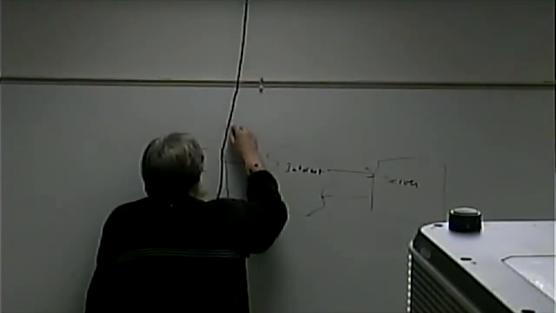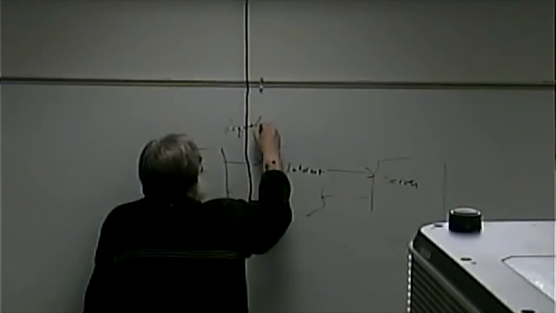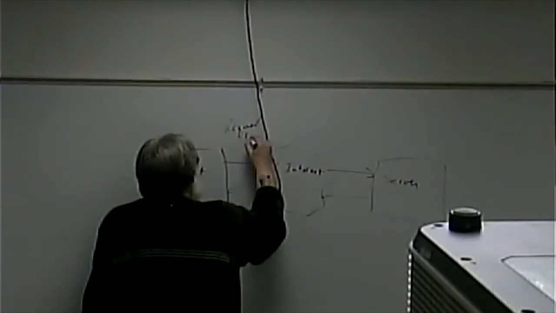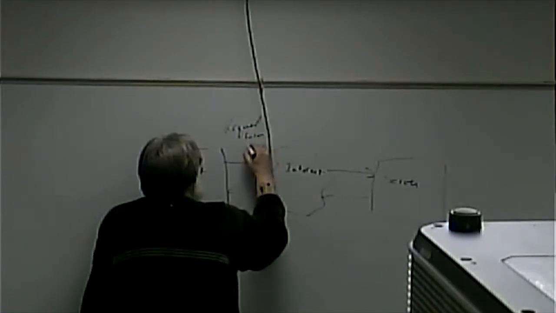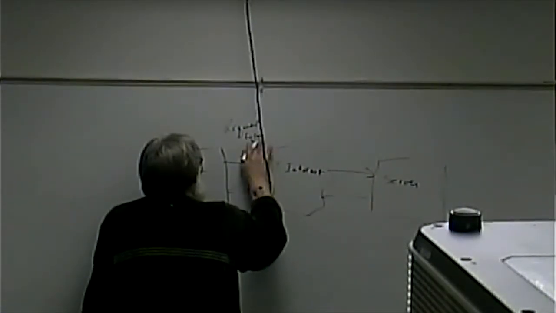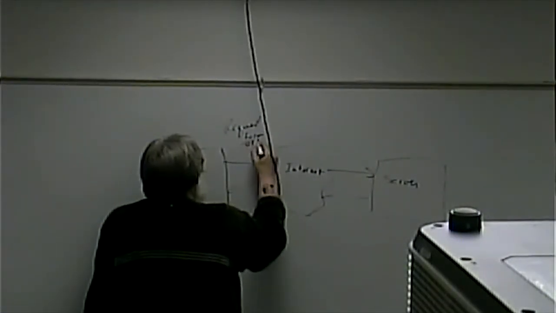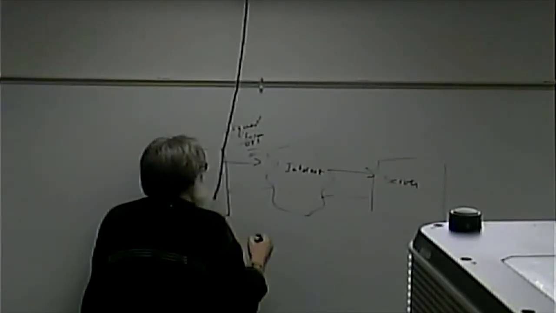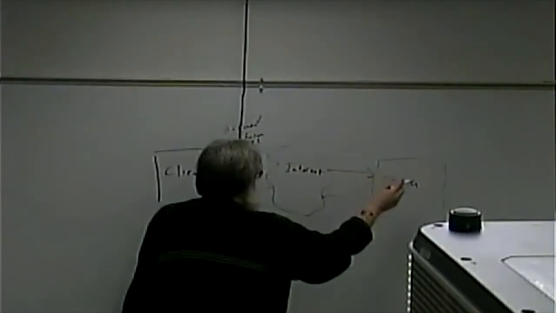When the client makes a request, they give a URL, they give form data, and other info. That makes it to the internet, to the server.